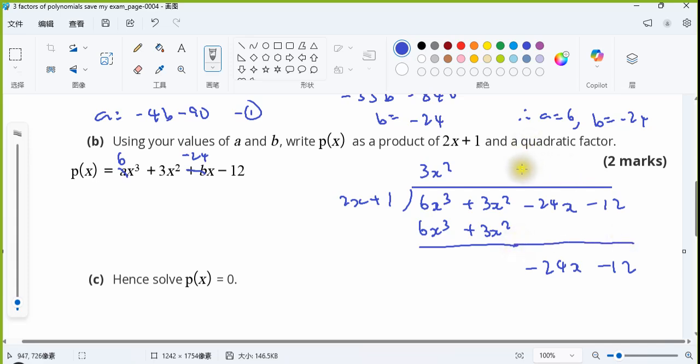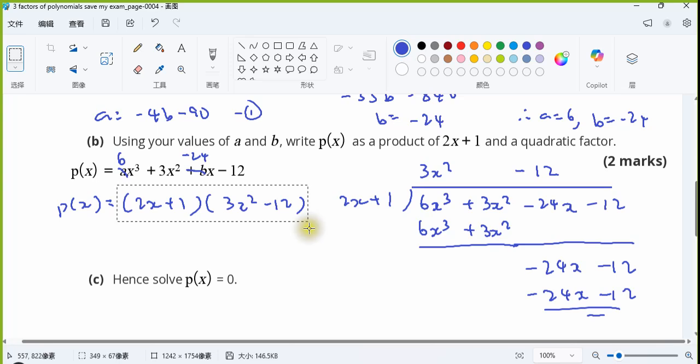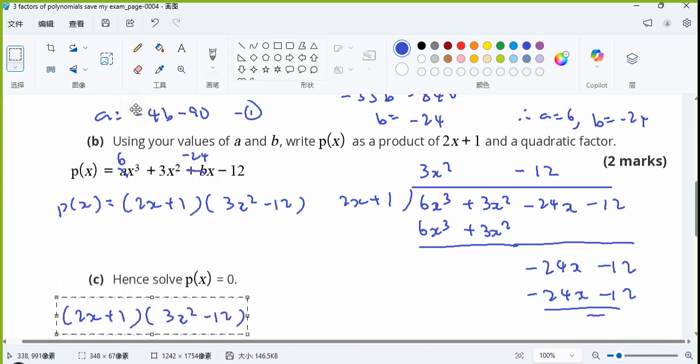And then minus 12, then it's minus the 24x minus 12. So the Px is equal to the 2x plus 1 multiplied with 3x squared minus 12. So the equal to 0. Then we will have this one equal to 0.